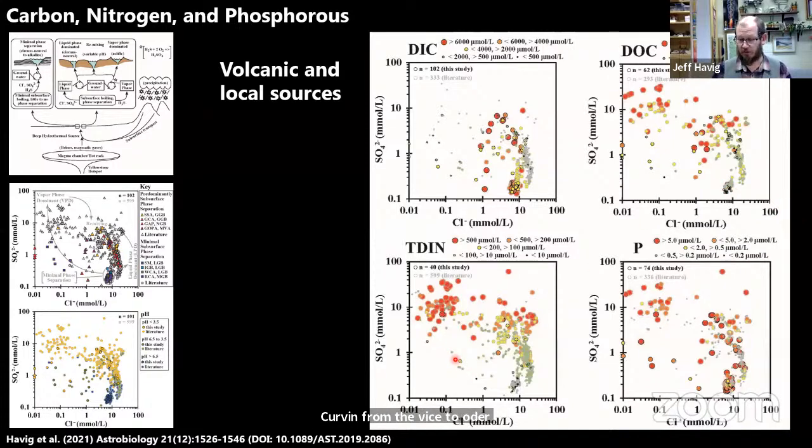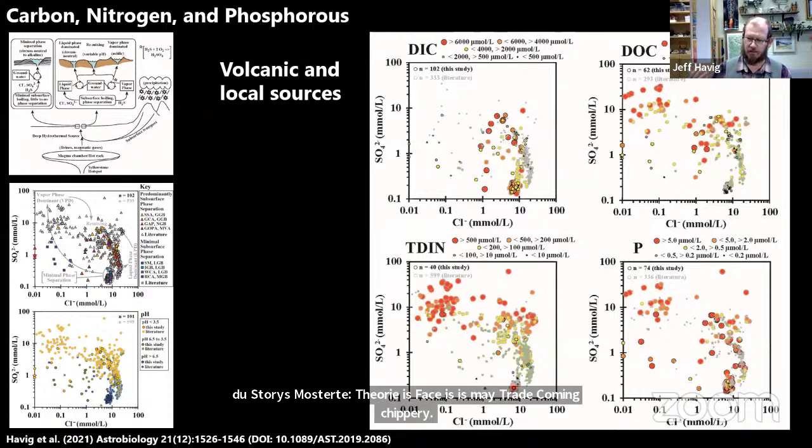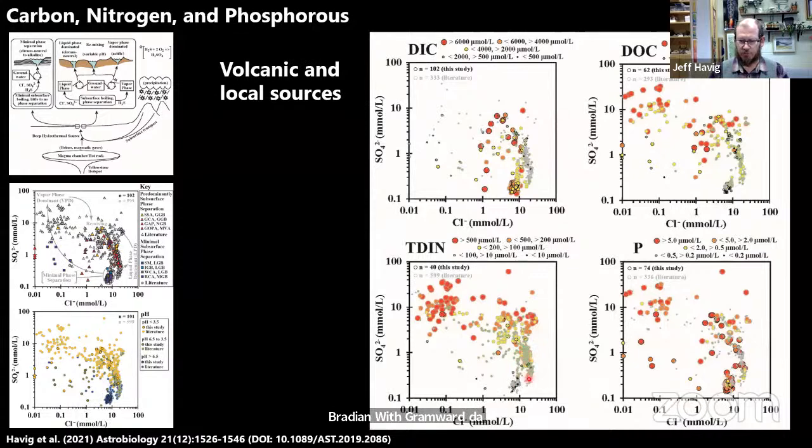For total dissolved inorganic nitrogen, the story is most of it typically is nitrate coming in with the deep source water. So that's typically brought in with groundwater. It can be elevated a bit in the residual liquid phase, but it's highest in the vapor phase, and that's because any inorganic nitrogen that is in the water gets reduced and then volatilizes and is stripped out with boiling as ammonia.